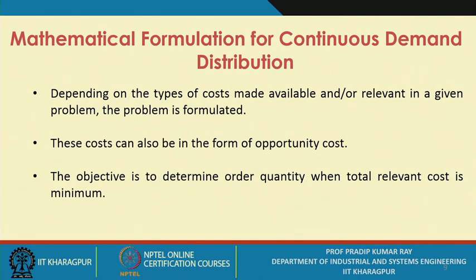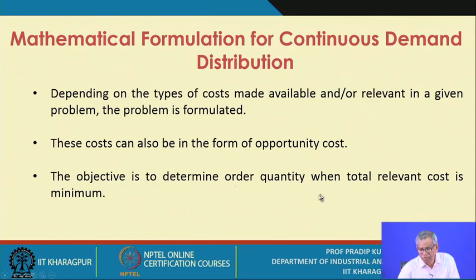So please refer to those lecture sessions where, with examples, we have discussed the concept of opportunity cost. We have formed the opportunity cost matrix. Now the objective is to determine the order quantity when total relevant cost is minimum.